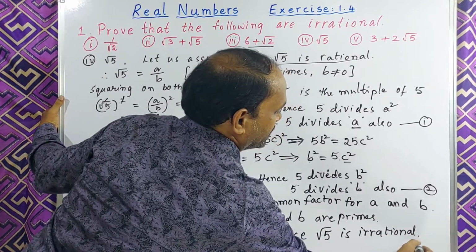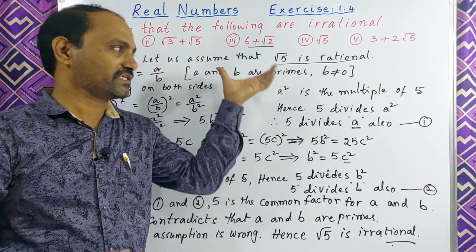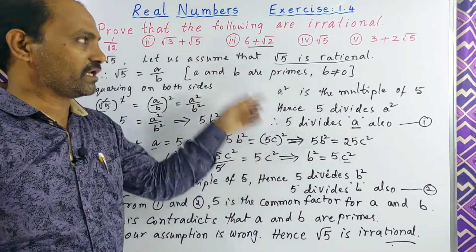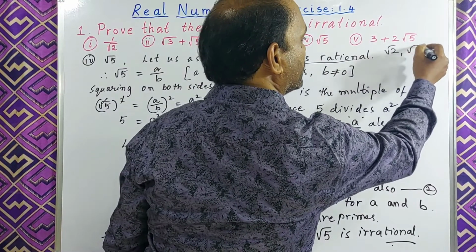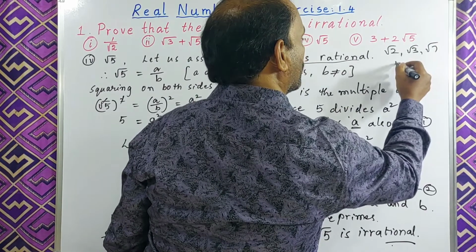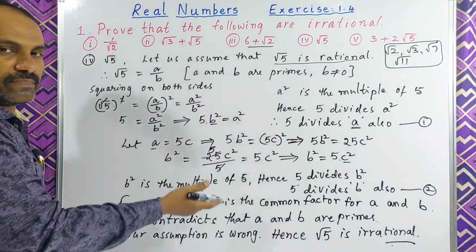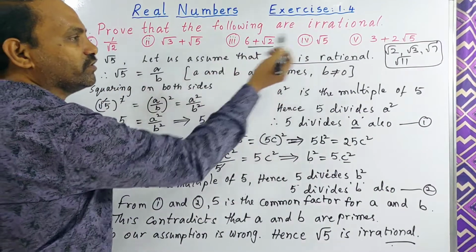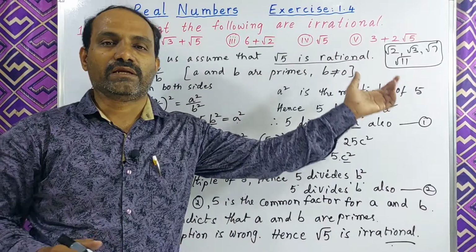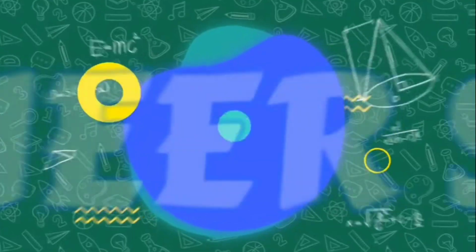Root 5 is irrational. Is it understood? You can modify the same question. The same steps are there. You can use this for root 2, root 3, root 7, root 11, whatever it is, you can use the same method only. You can modify only the 5. In the place of 5, you can write the given digit only. Is it understood? Thank you very much.